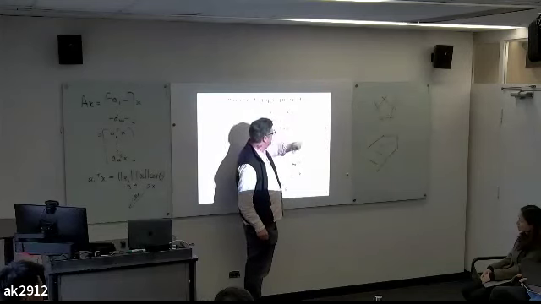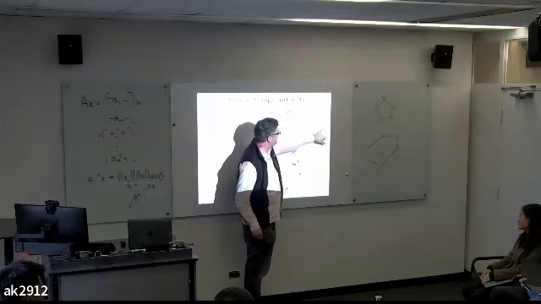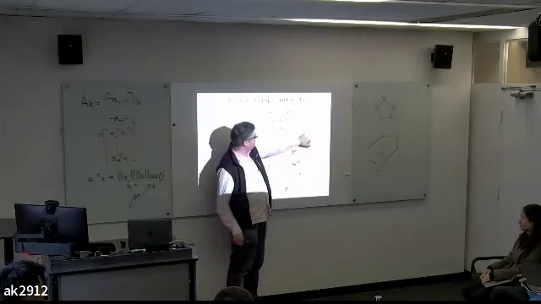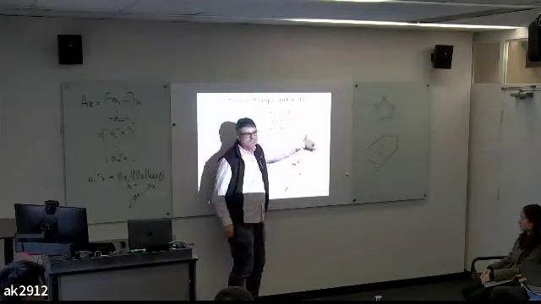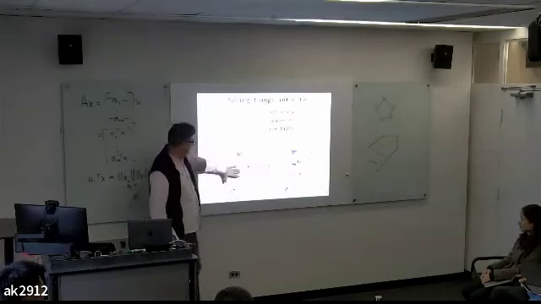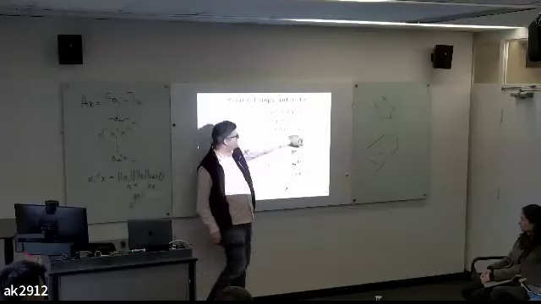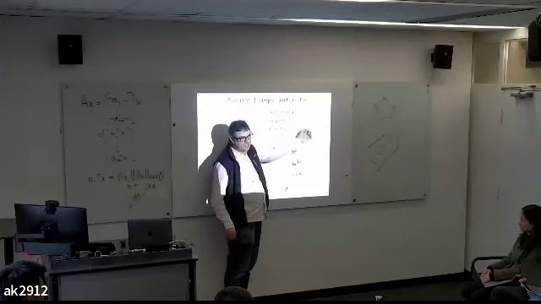Now I've introduced another set, and this can get very confusing very quickly. Sometimes people call this set X. I want to reserve X to be the vector space that we're optimizing over. This is the set that these functions are defined on.